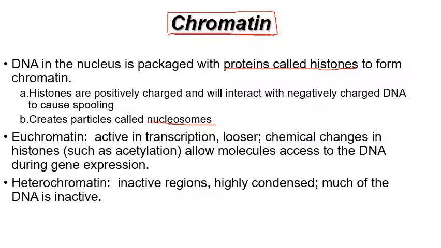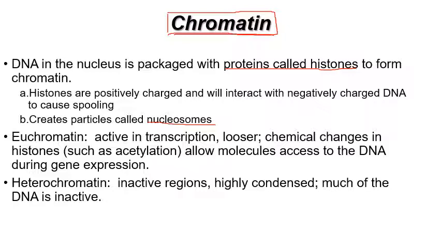It's going to be wrapped up. Okay. When we need access to the genes, that's when the DNA unravels where that gene is, so we have access to the DNA. Okay, so when genes aren't being expressed, the DNA is wound up and packaged up. When the gene needs to be expressed, we can unwind that certain portion of the DNA where the gene is housed.